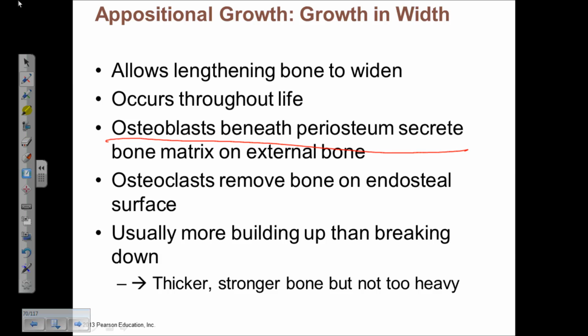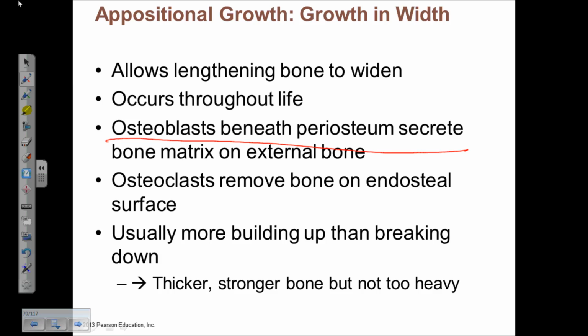Osteoclasts, I can show it, but imagine that you have osteoclasts inside of the bone. They will remove bone on the endosteal side, from the inside of the tube. So you have a tube. Osteoblasts will build up the tube on the outside, and osteoclasts will destroy the tube walls from the inside.